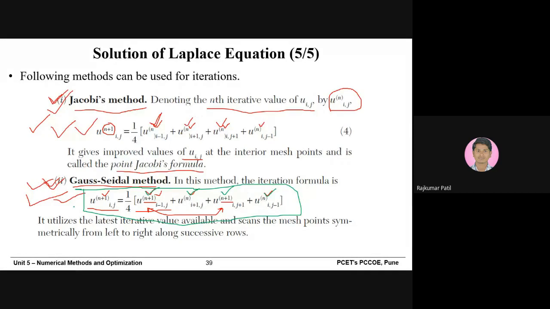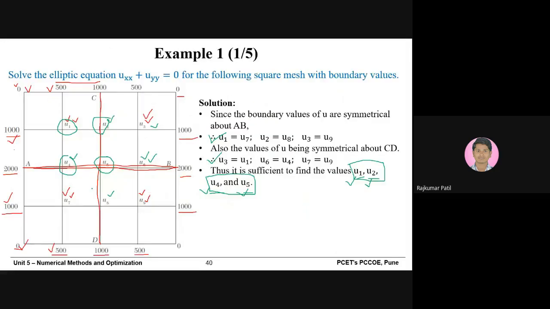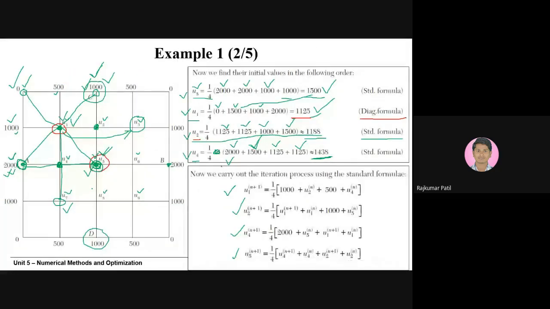So this formula you need to apply and also use the standard 5-point formula to get the equations for u1 raised to n plus 1, and this is the formula for it. Then u2 raised to n plus 1, this is the formula. u4 raised to n plus 1, this is the formula, and u5 raised to n plus 1.